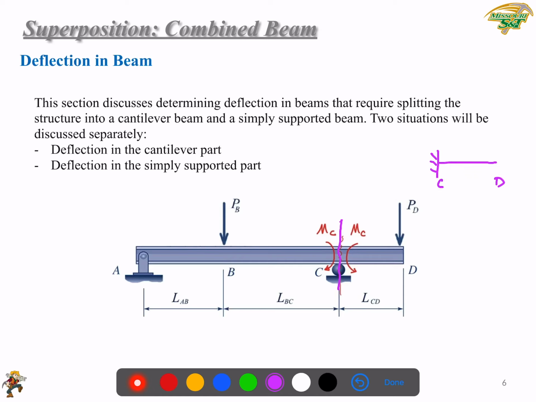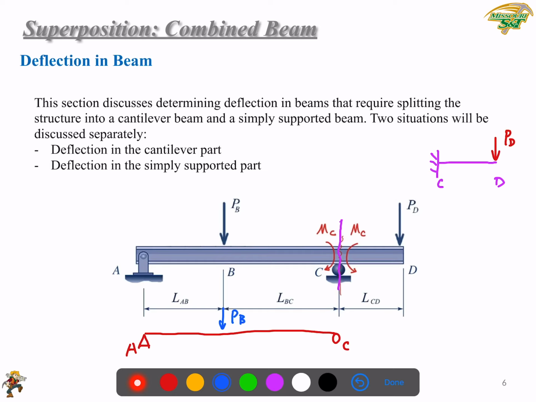CD is loaded by a load PD. Then this section AC will be the simply supported part, and it's loaded by a load PB.